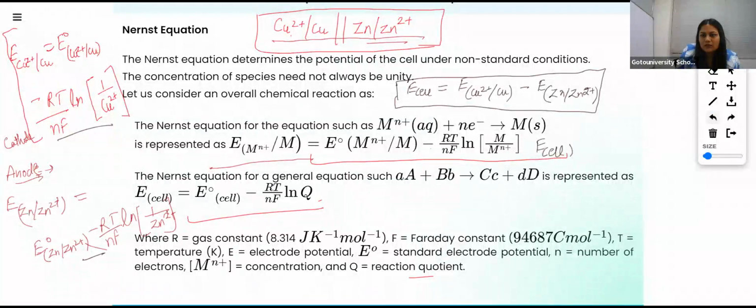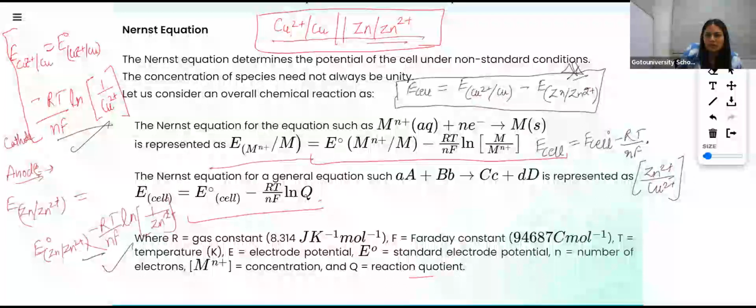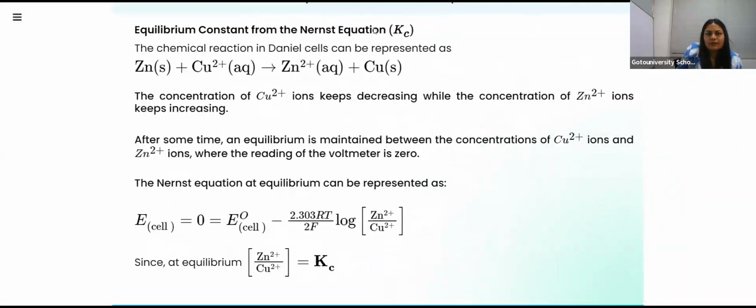E cell will be equal to E cell naught minus RT by nF natural log of Zn2 positive over copper 2 positive, by solving these two reactions using this formula. So you can try this on your own.